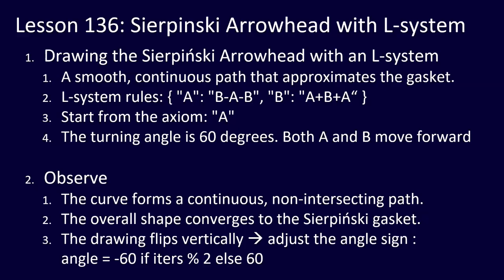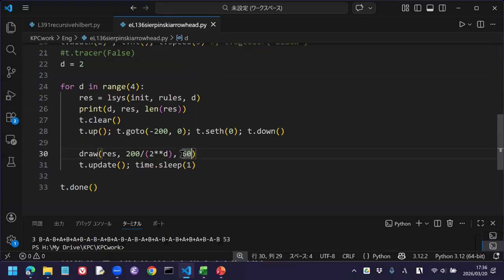So we need to adjust the angle sign here. The angle is, say, 60 if D is even, and otherwise it should be negative.